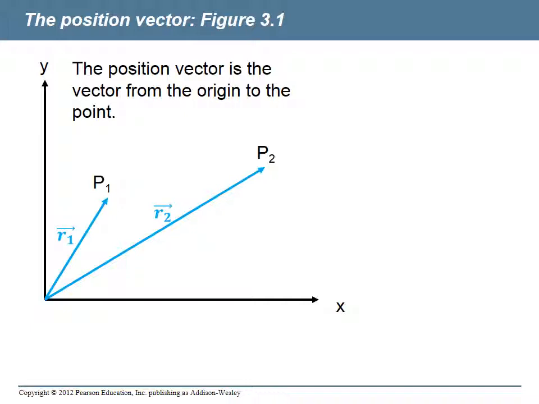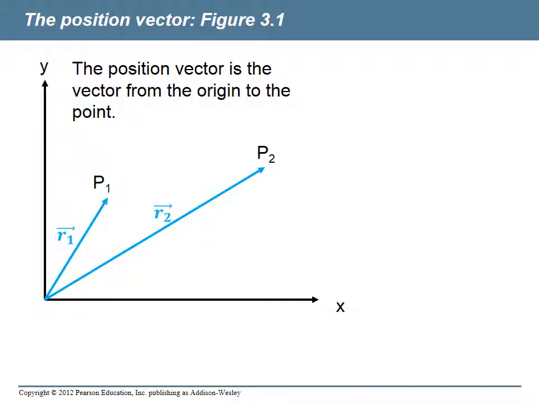Similarly, position vector R2 would be the vector from the origin up to point 2, and we'll call that position vector 2, or R2. The arrow on top denotes it as a vector, right?